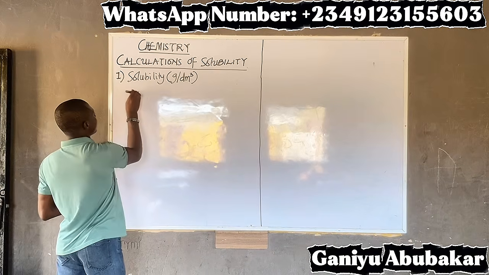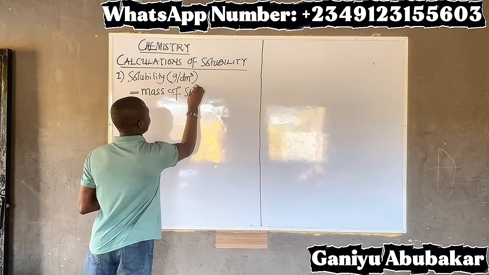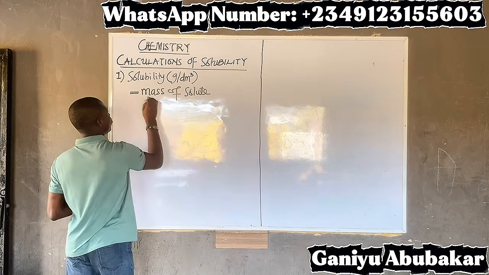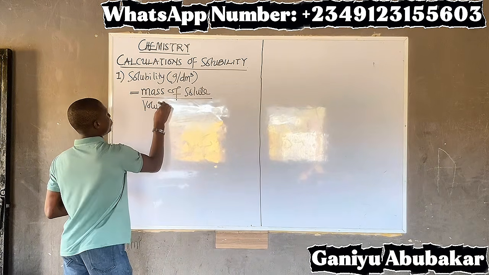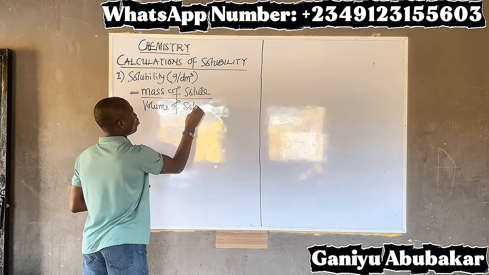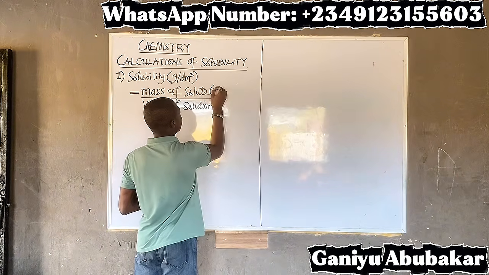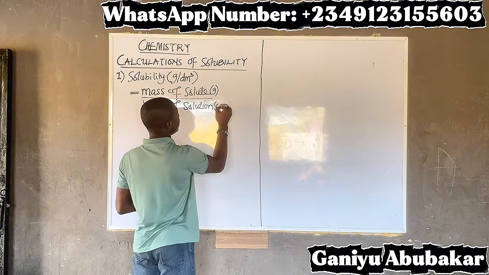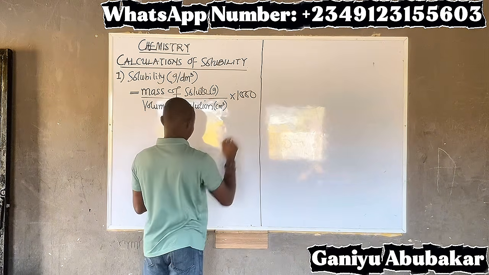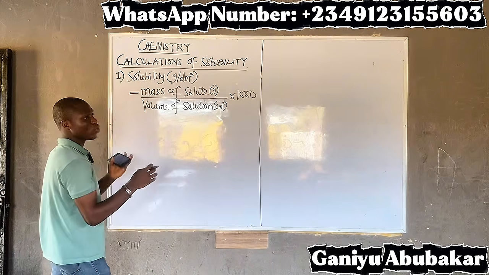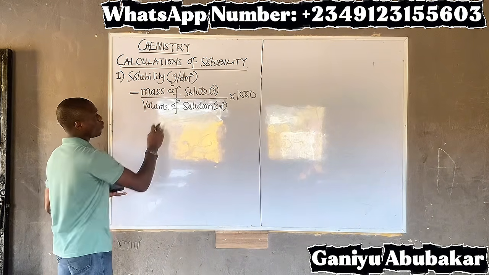So the formula is given as mass of solute over volume of solution, right? This one here in gram, this one here in cm cube, right? So times 1000. All right. So whenever your question has gram in it, the formula to use is of course this.